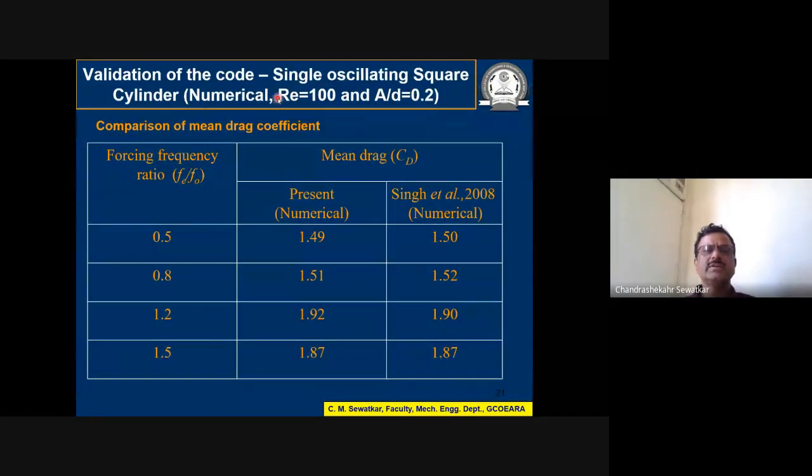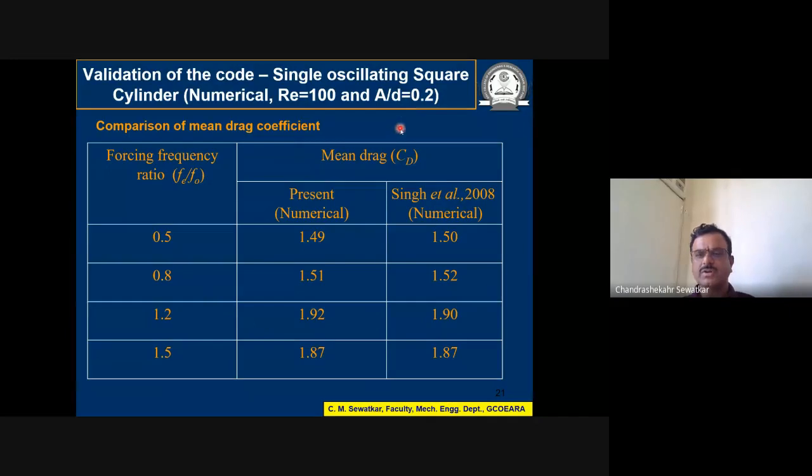We further did the validation of the code by considering flow around a single oscillating square cylinder. The cylinder is oscillating like this. It has a certain forcing frequency. With a certain forcing frequency, it is oscillating, and the flow is occurring over it.